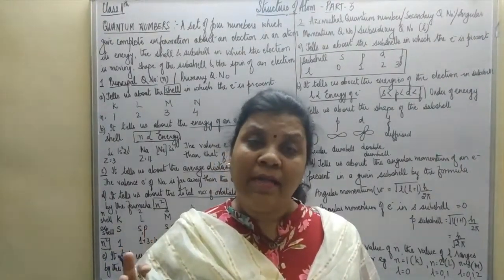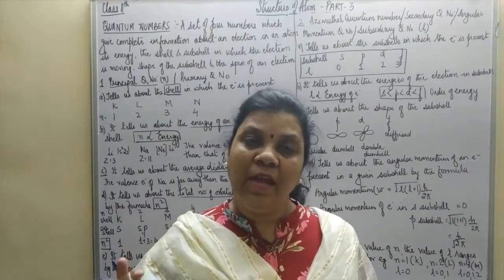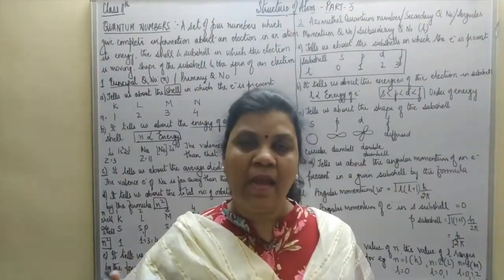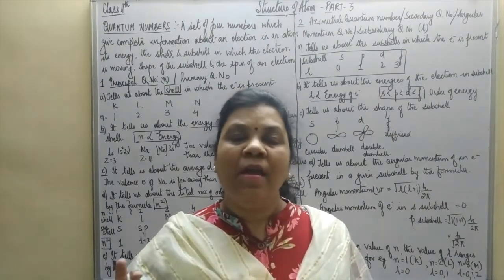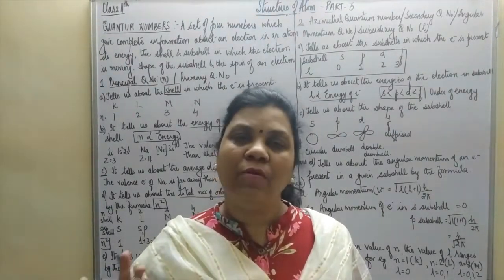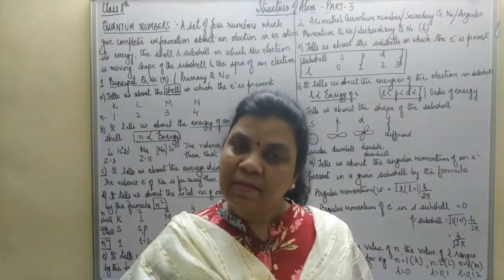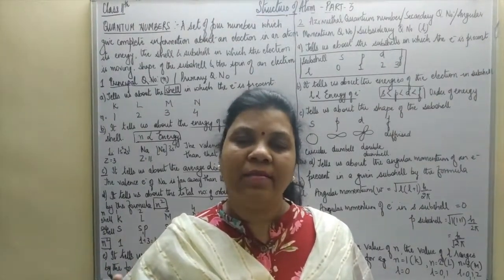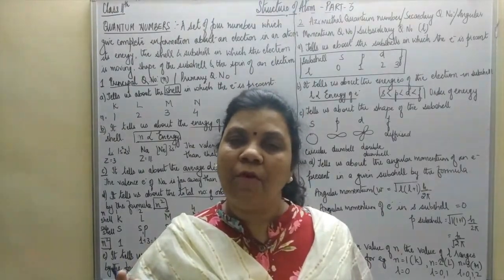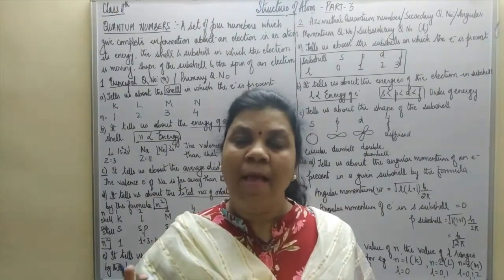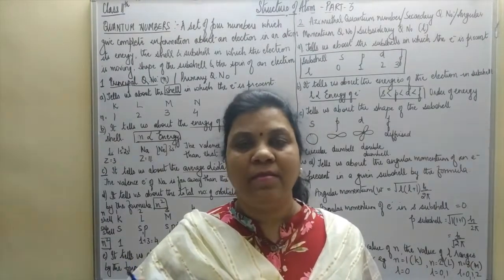Number 3, it tells us about the average distance of the electron from the nucleus, and again n value is directly proportional to the average distance. Number 4, it tells us about the number of orbitals in a shell by the formula n square. And number 5 tells us about the total number of electrons present in a shell by the formula 2n square.